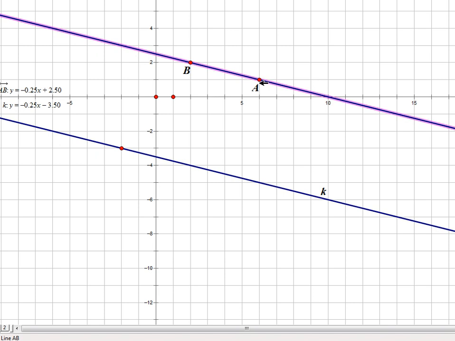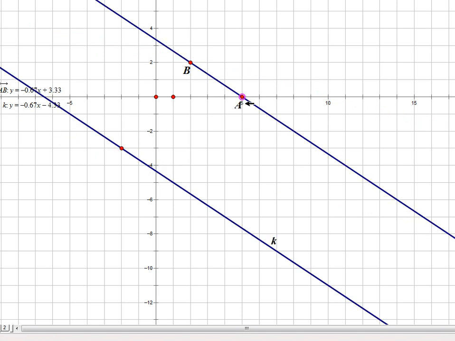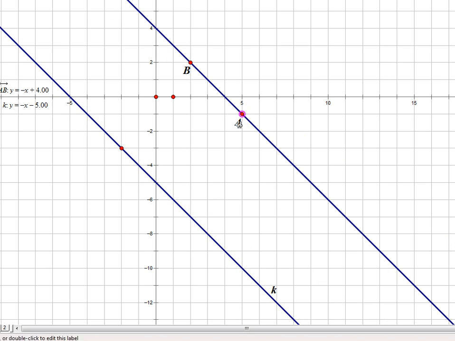So let me move this line around a little bit. Oops, I want the A. There we go. Helps if I look at the computer. So maybe there. Now my lines are still parallel because I've made them that way on this program, but now my equations are y equals negative x plus 4 and y equals negative x plus 5.